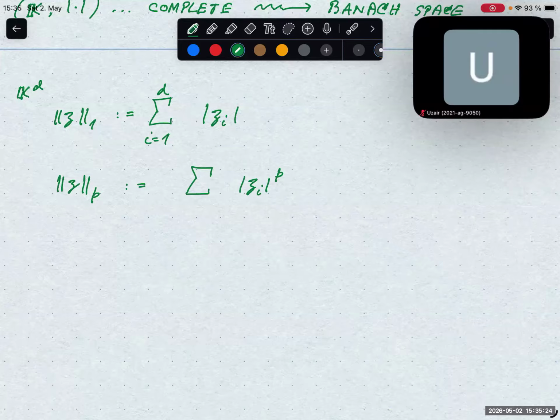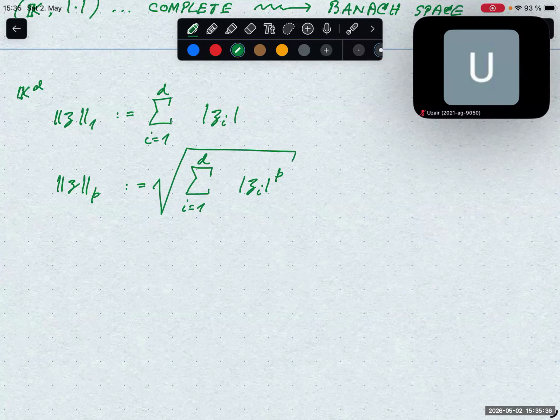And as before, you sum from 1 to D. And since you took the power P, to make things symmetric you take the P-th root. And now you can ask, what if P goes to infinity?